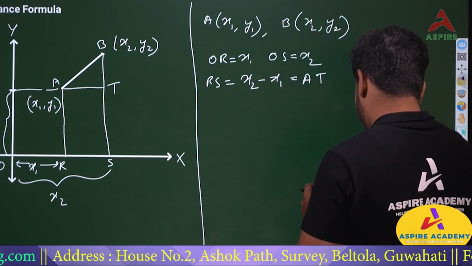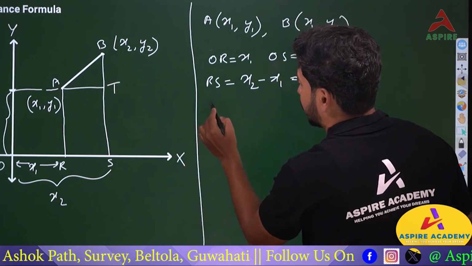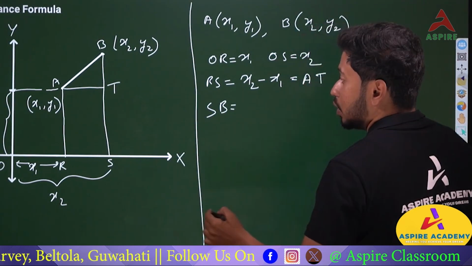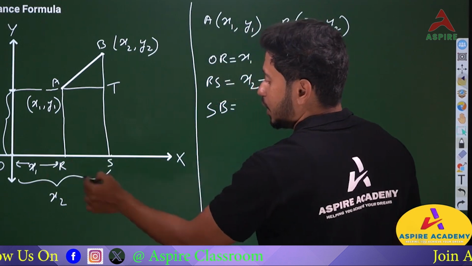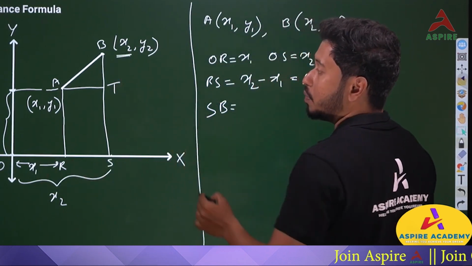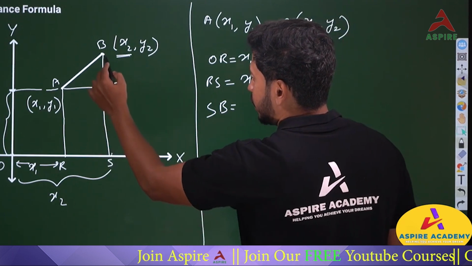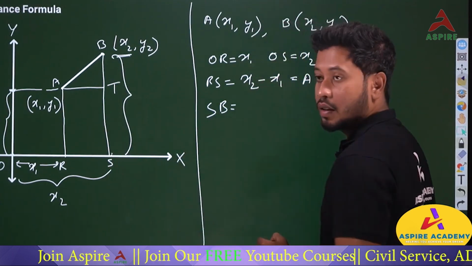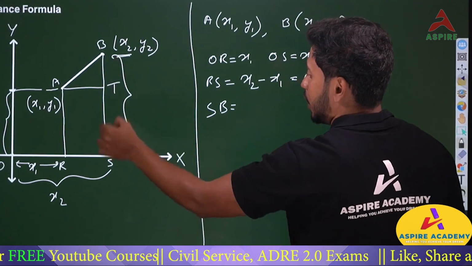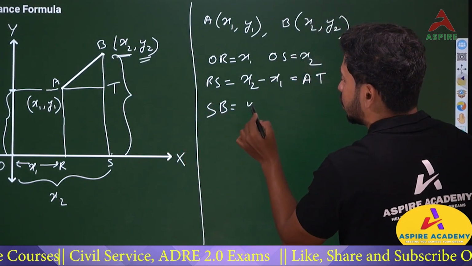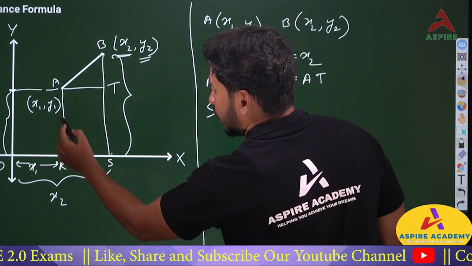Then what is AR? Before AR, we can say what is SB. See, here from O to S, OS is x2, that's why the x coordinate of B is x2, and this BS is y2. So SB equal to y2. Next, AR.